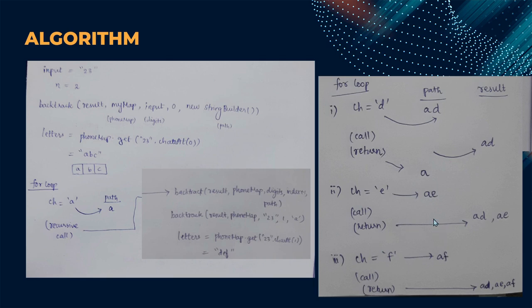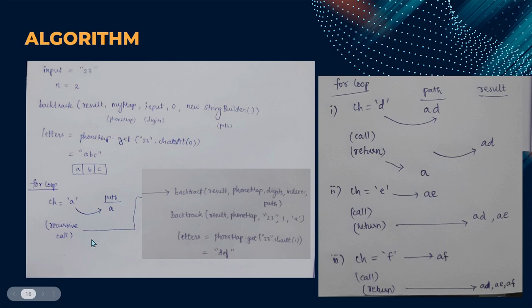And so E is removed from this intermediate string, and it is passed on to the next iteration where F is getting added, and AF is another possible string that is getting added to the list. Once all these are done, this function call returns back to the calling point itself.